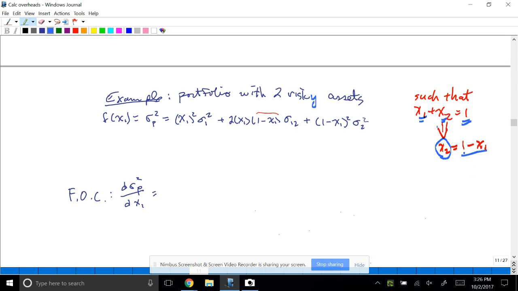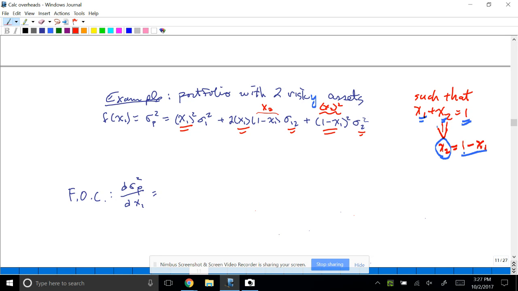All right, so we have a situation where the variance is going to be our exposure to asset 1 squared times the variance of asset 1, plus our exposure to asset 2 squared times the variance of asset 2, plus 2 times our exposure to asset 1, times our exposure to asset 2, times the covariance between the two variables.